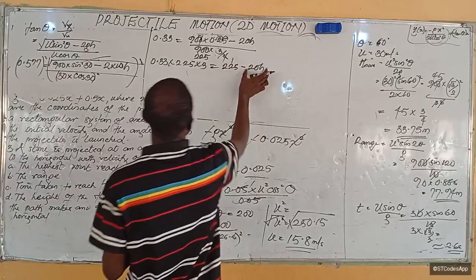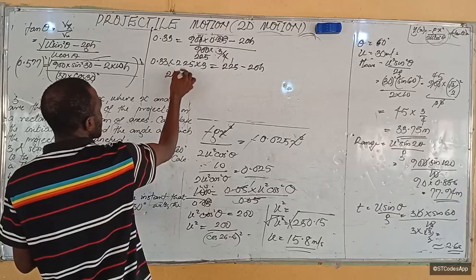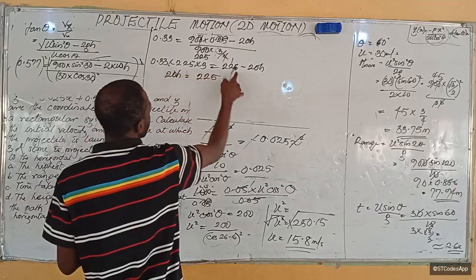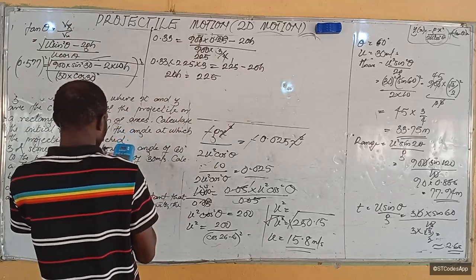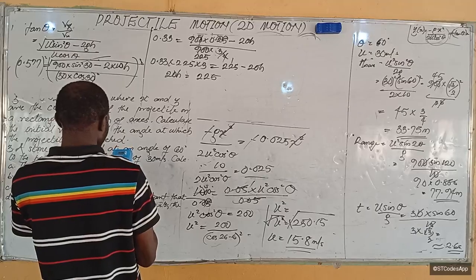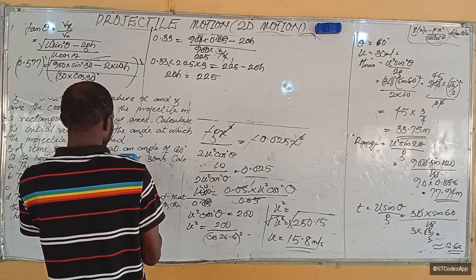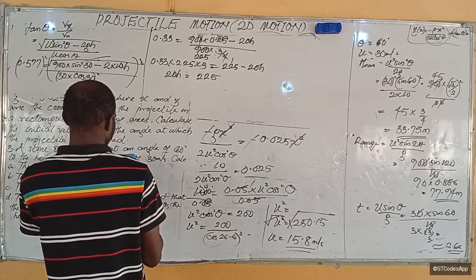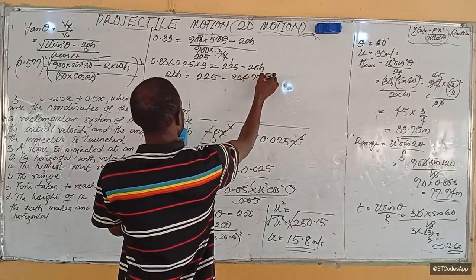So let this one come here and let all this come here. So we have 20h will be equal to 225 left alone here minus all of this. Now, this will be 225 times 3. 225 times 3 times 0.333 is equal to 224.775.